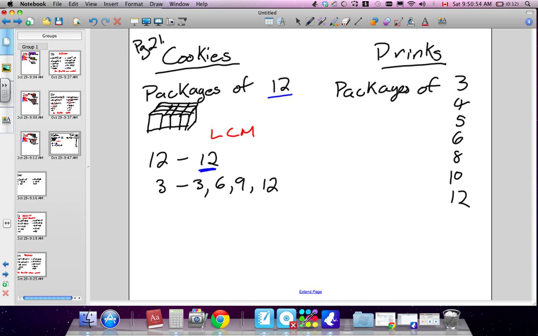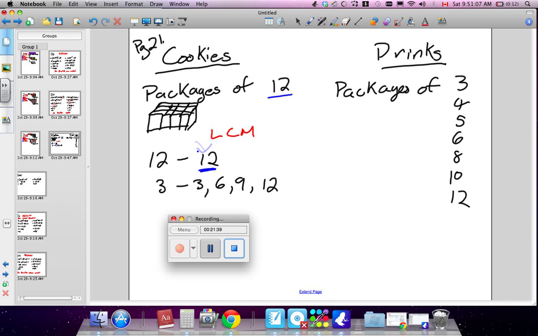So in one package, how many cookies are in this package? 12. So we only need how many packages of cookies to get to 12 cookies? 1. Yeah.